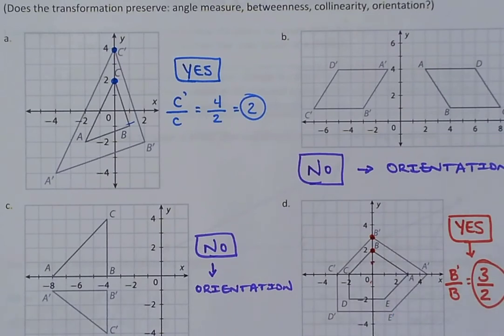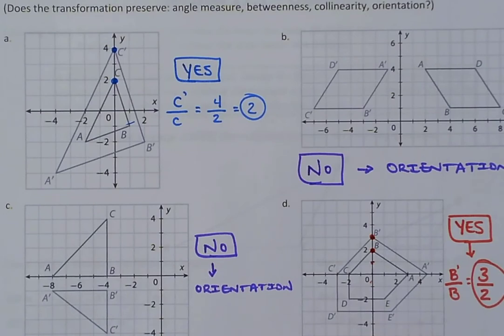And you could check that by going through and multiplying all the other points. So E was at 1, negative 2, and now it's at 1.5, negative 3.